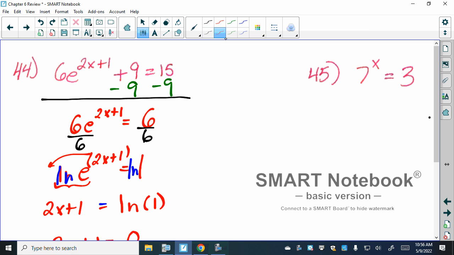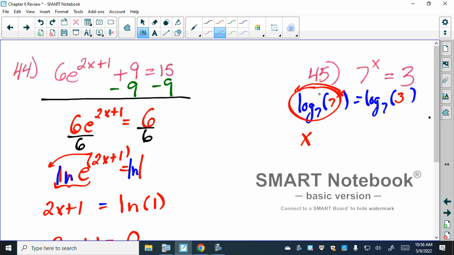Now, if I applied log base 7 to both sides, here we get log base 7 of 7 to the x. Well, the x would move out front. But log base 7 of 7 is 1. So this here is equal to log base 7 of 3.